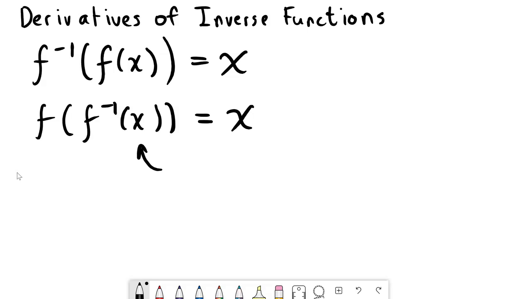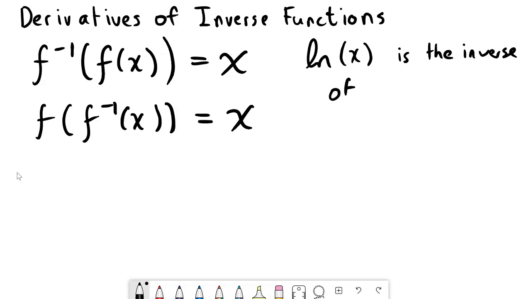So a good example is that the natural log of x is the inverse of e to the x. So that means if we did e to the, and then we plugged in the inverse into x right here, the natural log of x, we actually get x.